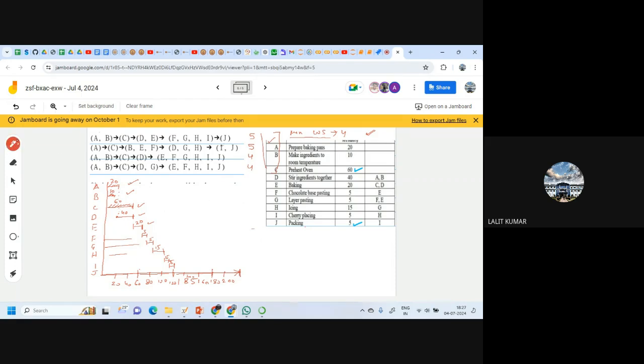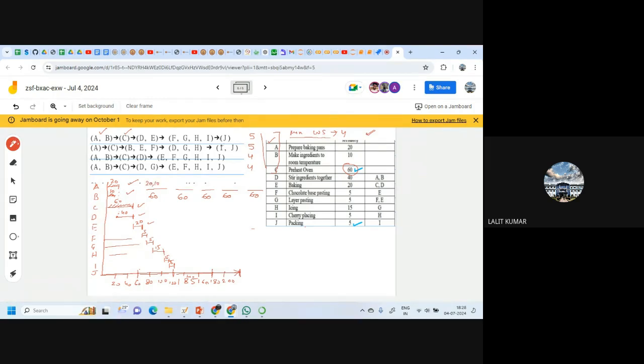A and B can be done together, no problem. C, 60, can be done. We are taking 5 workstations, and the time is the minimum cycle time, which is 60. So here we have taken 20 and 10, and they can be done on one workstation.